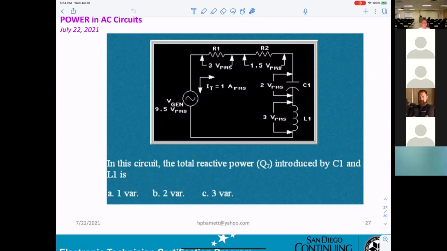A. Which one? A. 1 volt amp. Perfect. Yes, A. They already gave you the formula previously. That means you take 3 times 1, you get 3 VAR. And you minus the capacitor, 2 VAR. The answer will be A.